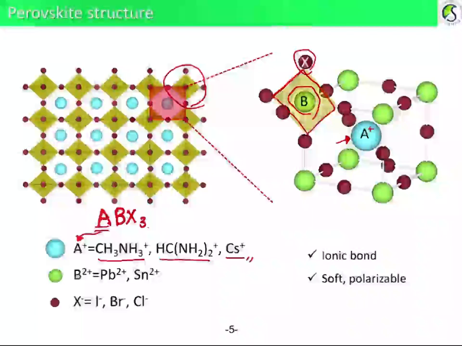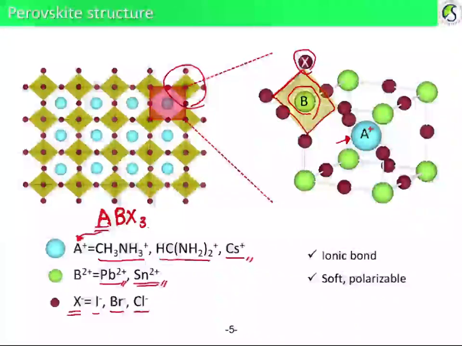The B site is occupied by a divalent cation such as lead 2+ or tin 2+, whereas the X site is occupied by a halide anion such as iodide, bromide, or chloride.